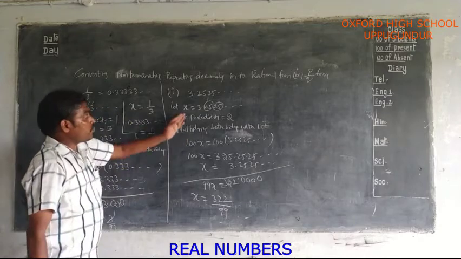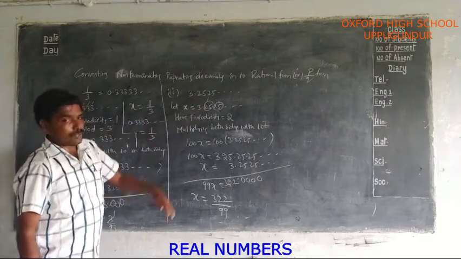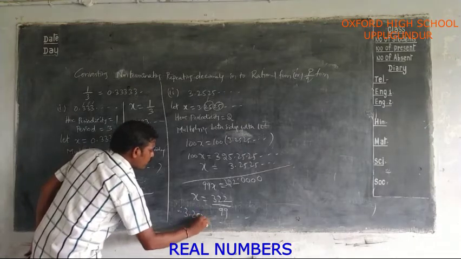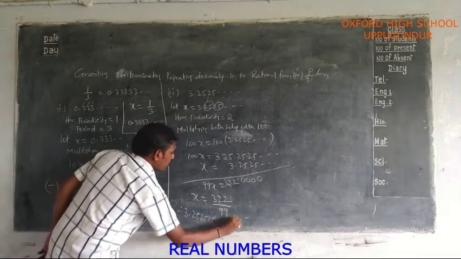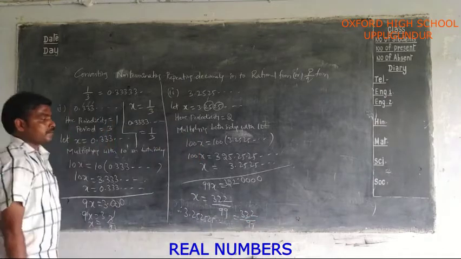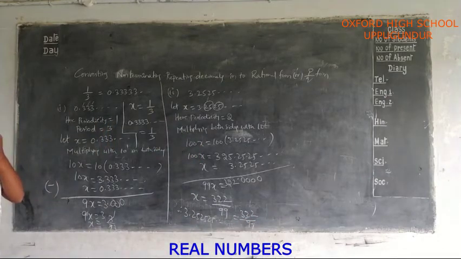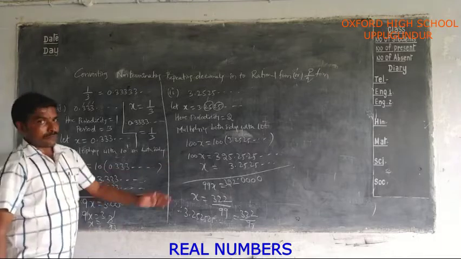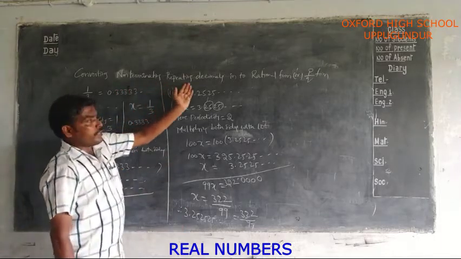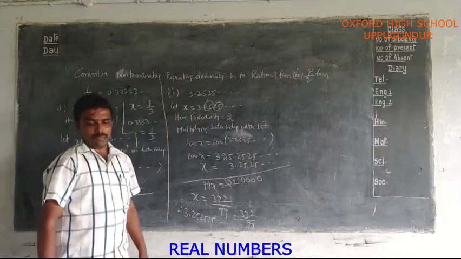What is x? What we are assuming, 3.2525 and so on. Therefore 3.252525 and so on equal to 322 by 99. So in this way we can convert non-terminating repeating decimals into rational form.